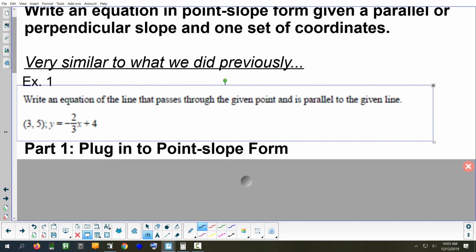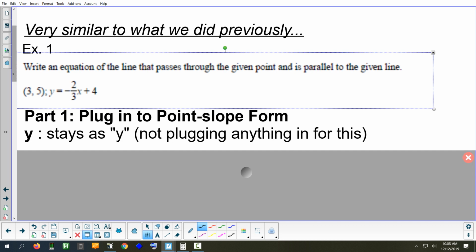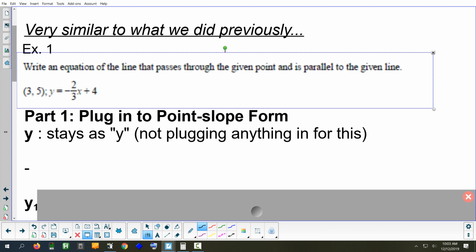So what we're going to do is we're going to plug into point slope form. If you already remember this part from yesterday, you don't have to write it. If you want to put it down again, you can put it down. But remember, when you plug in, y stays as y. That's the first one. It's your y. You don't change it. The minus, that doesn't change.